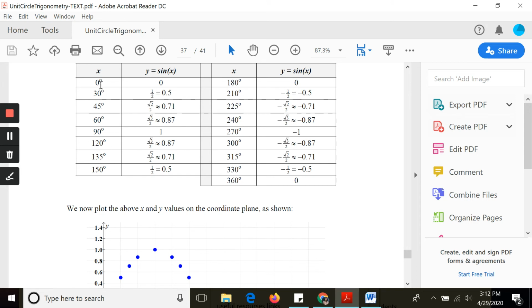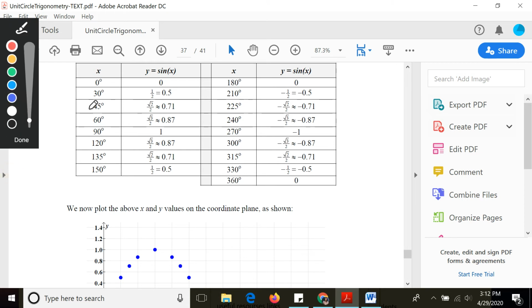You can even use sine 0, sine 90, sine 180, sine 270, and sine 360. If you use only these values, you will see the shape of this graph.